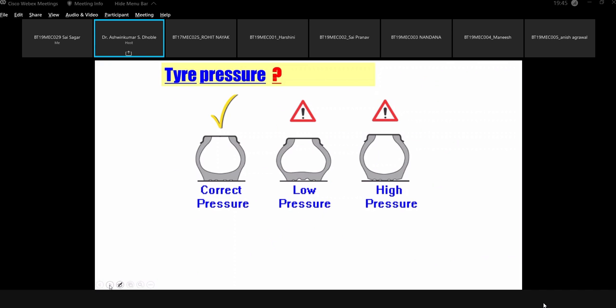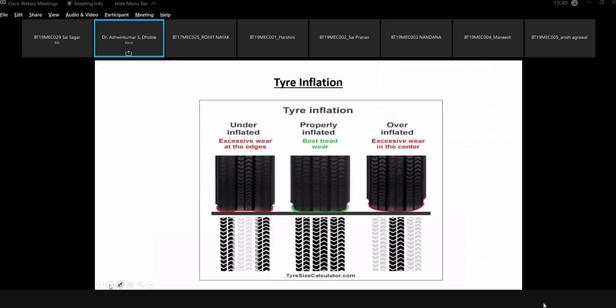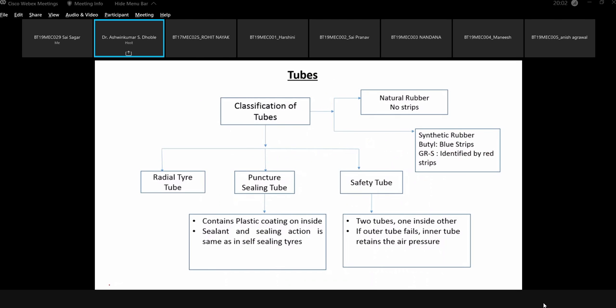Then I have answered that question as well. Then this tire wear pattern, how it looks when the vehicle is running on the road. If you see these kinds of tire tread patterns on the road, then you can judge which kind of wear is happening and what may be the reason for this tire wear.